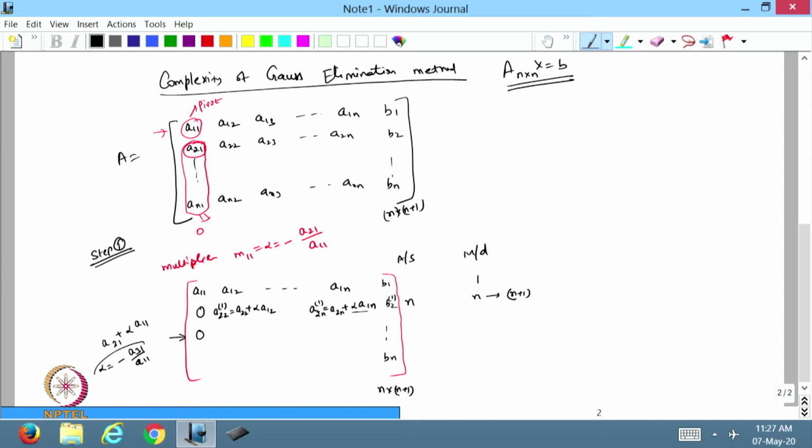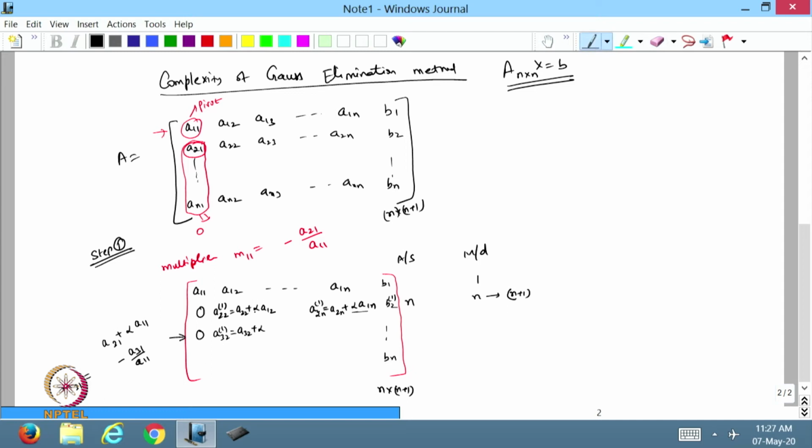So, this is my factor now. In this case also I will do the same thing, and then I write A32 plus this multiplier, which we call M31. So, let us take this as M only, because this alpha will be the same in that case. So, I will call it M.